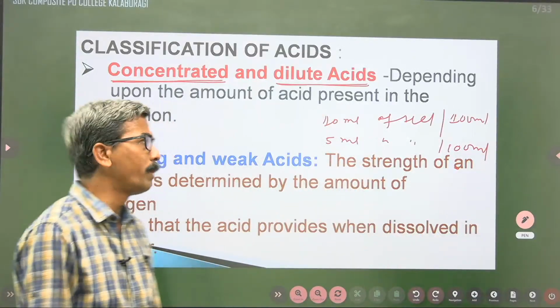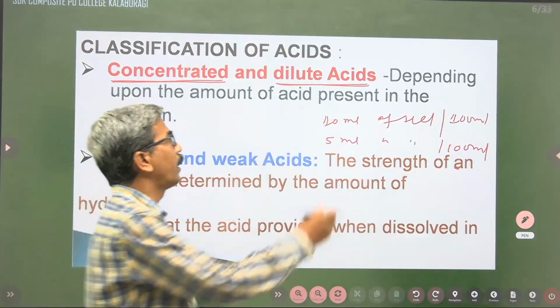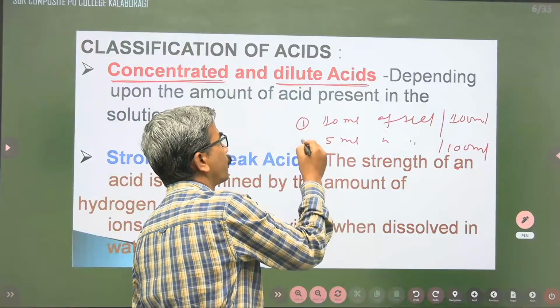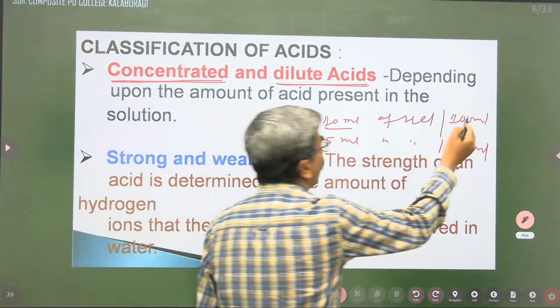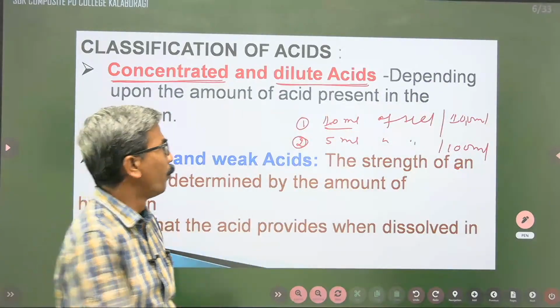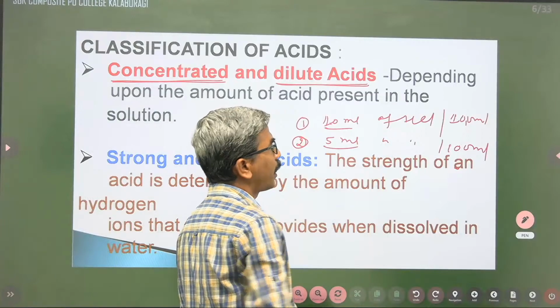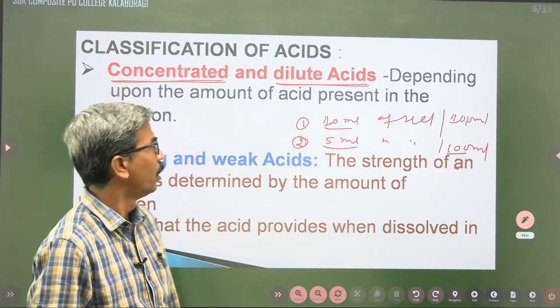Now see here, the volume is the same, both are 100 ml only, but the amount of acid contained differs. Labeling them first and second, the first is 10 ml in 100 ml, meaning 10 ml acid and 90 ml water. Whereas the second is 5 ml acid and 95 ml water. Total will be 100 ml. That you are supposed to remember.